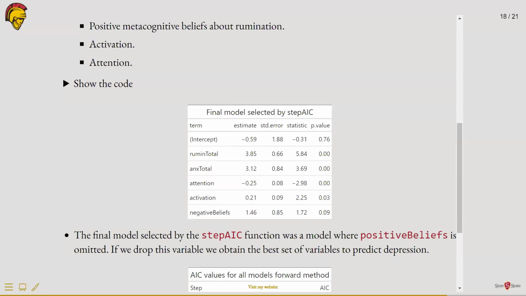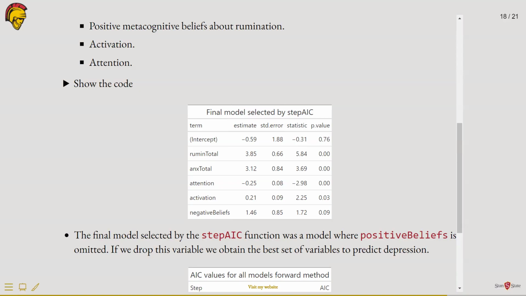So for example, it's telling me that for one unit increase in rumination, depression increases 3.85 units. Given that the scale is different, I can only talk about units. I cannot talk about a specific metric. If I standardize the variables and transform them into Z-scores, this would be different. And we can do it later to see the standardized solution.